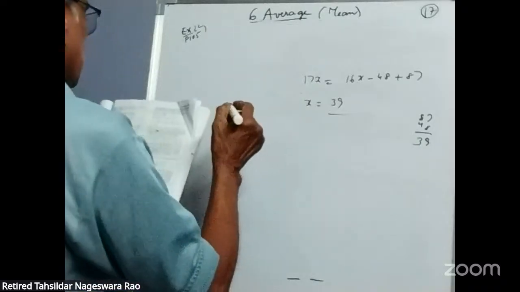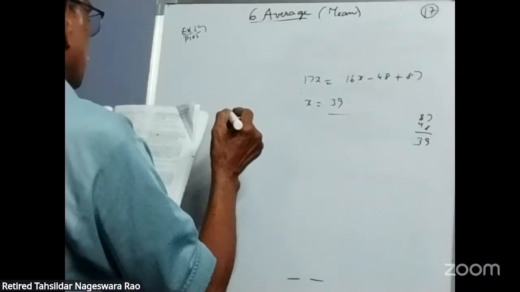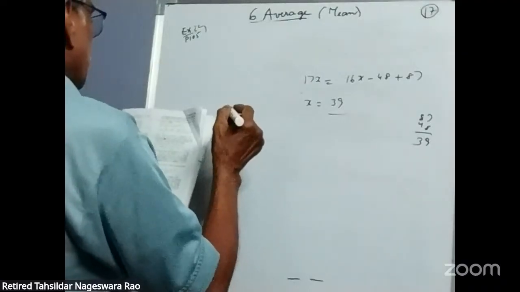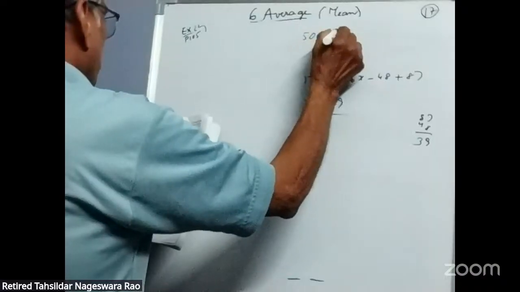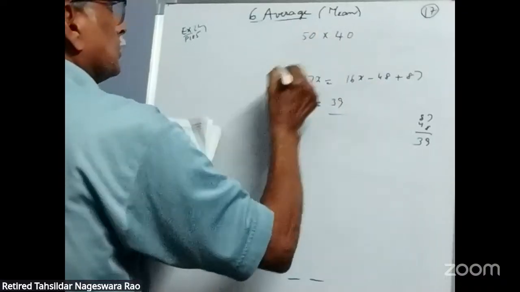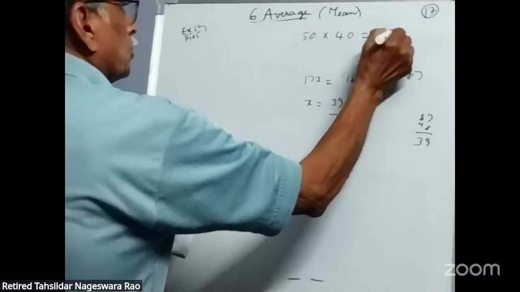Forty innings, average 15 runs, 50 runs. 40 innings, total will be 2000.